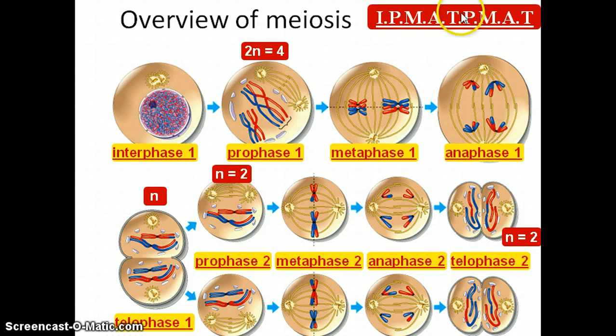Remember back from biology, the IPMAT, which we used for mitosis. This time we have IPMAT, followed by just a simple PMAT. This PMAT is the one that's closest to mitosis, because in it we have the sister chromatids lining up on the metaphase plate and then being pulled apart, just like in mitosis. So we go from haploid cells to resulting daughter cells that are also haploid.